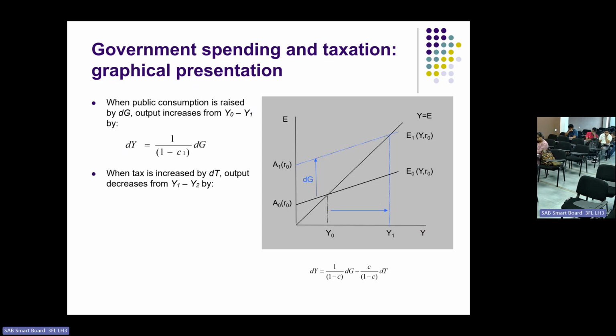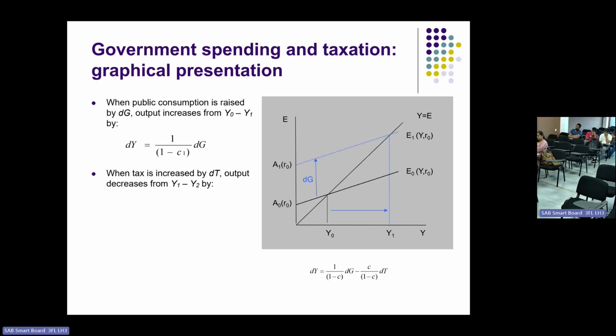So when there is a rise in the taxes by delta T, income also changes by delta Y. So we assume income decreases, there will be a negative impact, from Y1 to Y2. So now we are in here, right? When the government raises taxes, there will be a negative impact, right?